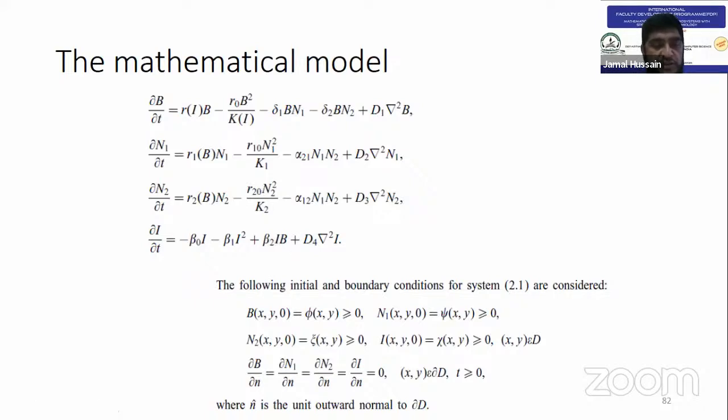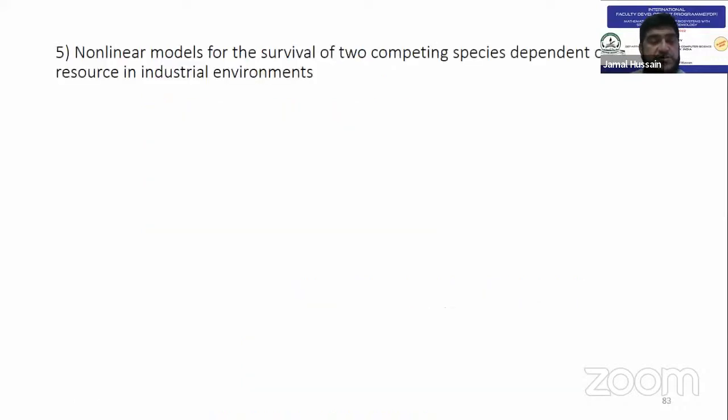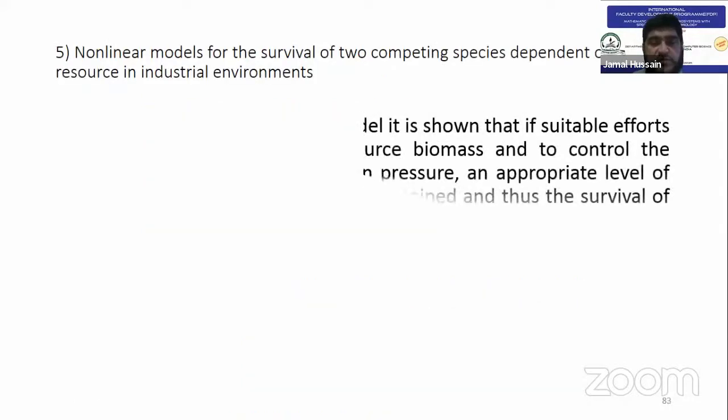Industry is dependent on B. Okay. So here is a positive term for B. And these are initial and boundary conditions. Okay. So this is how it is developed and analyzed.